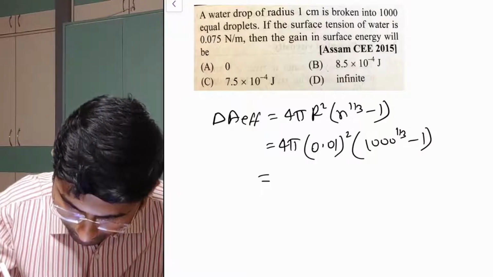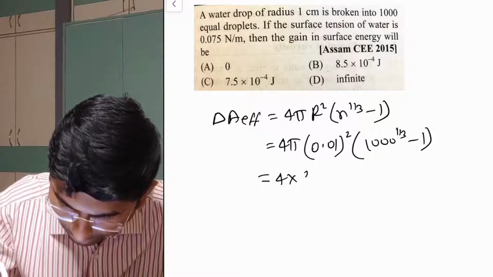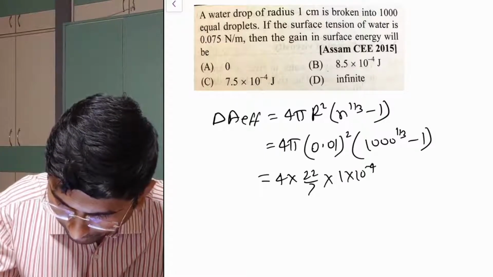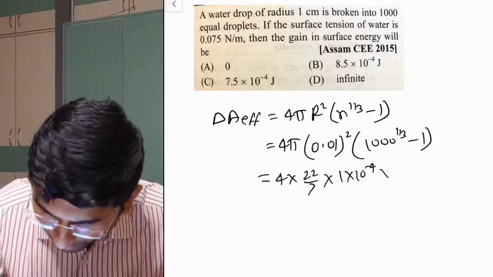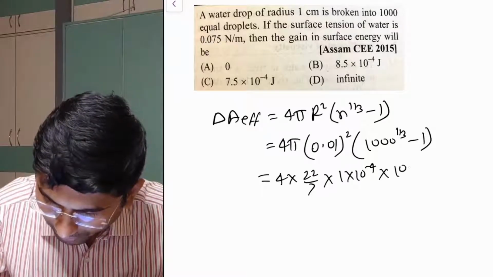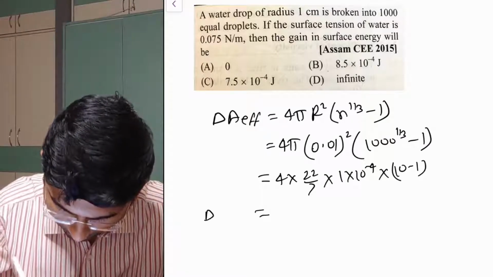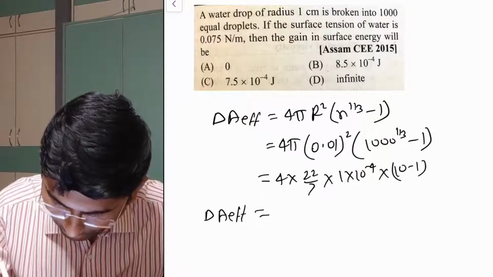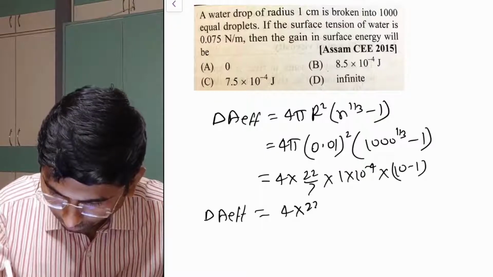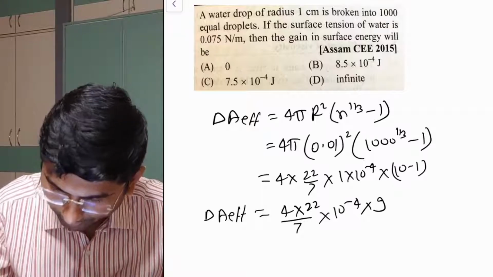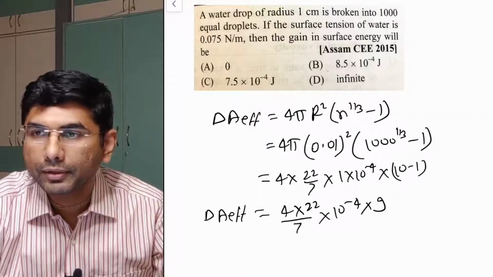This will be then 4 into 22 by 7 into 1 into 10 to the power minus 4 into, this will be 10 minus 1. Effective change in area is equal to 4 into 22 by 7 into 10 to the power minus 4 into 9. Something like that I am getting it here.